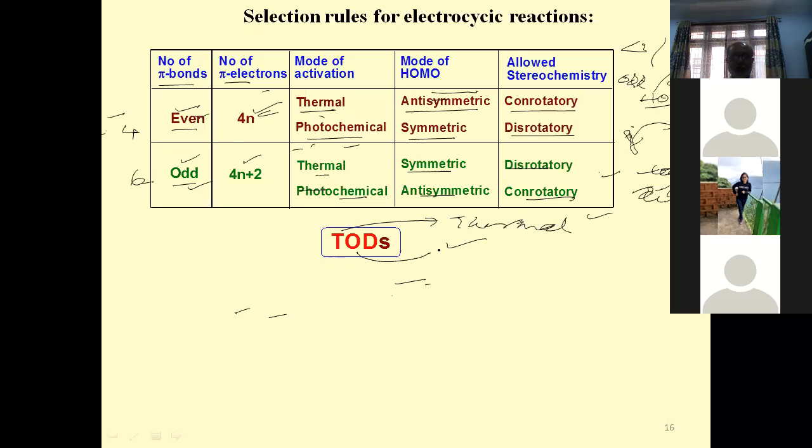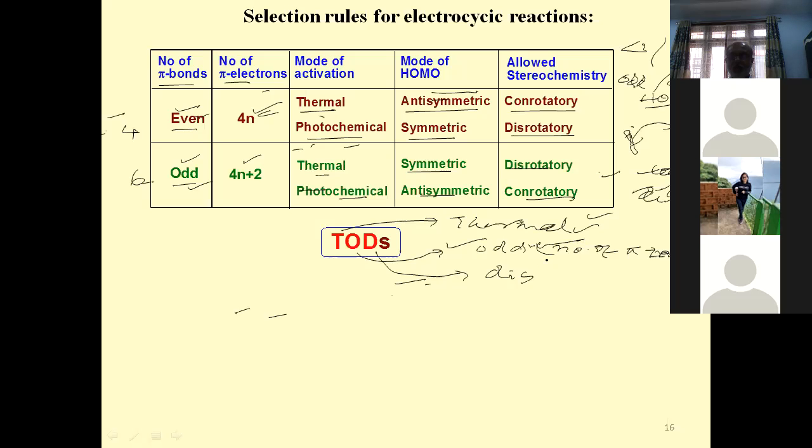O stands for odd, that means odd number of pi bonds, number of pi bonds, not bilateral. And D is disrotatory. That means when the reaction is thermal, taking place with odd number of pi bonds, the rotation has to be disrotatory.